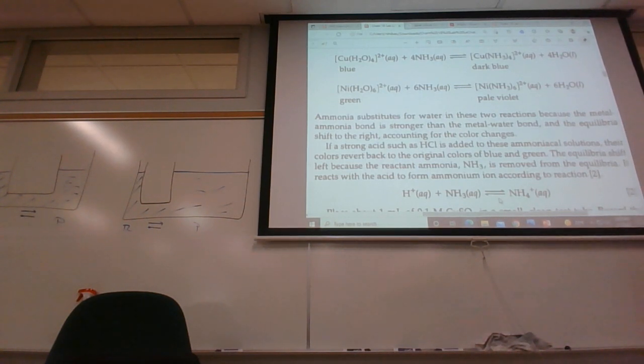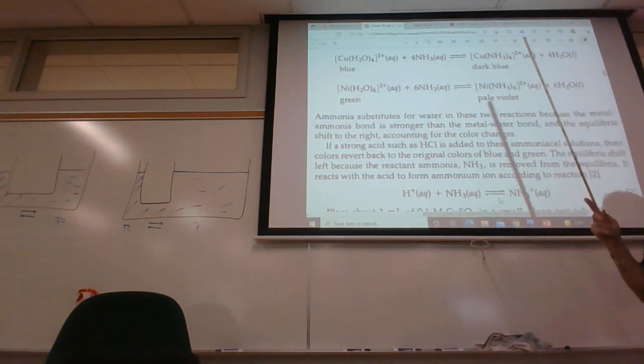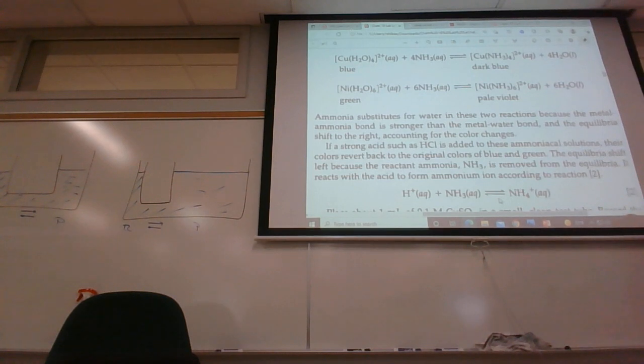Well, one way we could shift it back to the left is by adding, well, adding water is tricky because what we need to do is change the concentrations. If we just add water, it doesn't change the concentration of water. Do you know what the molarity of pure water is? If I had 1,000 grams of water, it would weigh 1,000 grams, but it would also be about 55.5 moles, at 18 grams per mole.